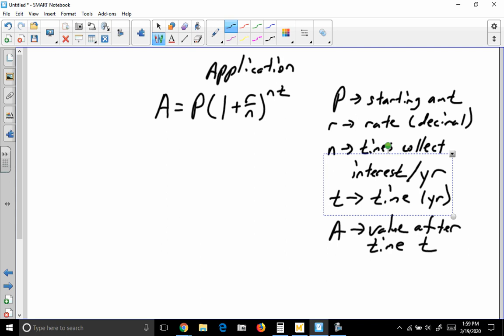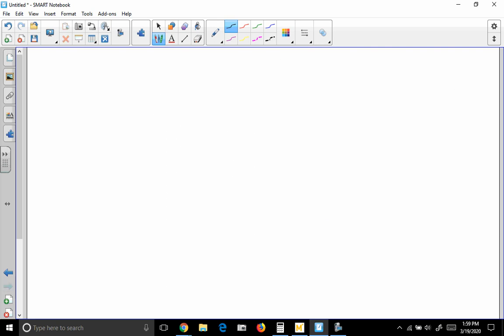And A is just the value after time T. So if you were going to take out a car loan, if you were doing an investment, this is how you would find out the value of your car loan after a certain amount of time. How much are you actually going to have to pay back? So let's look at an example. Let's suppose we want to borrow $5,000 and we're going to have to make a payment every month. So we're compounded monthly.